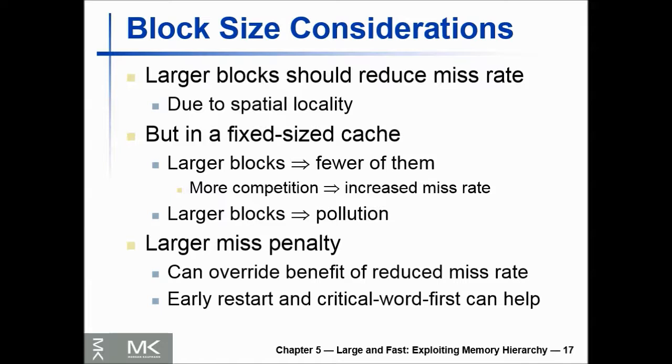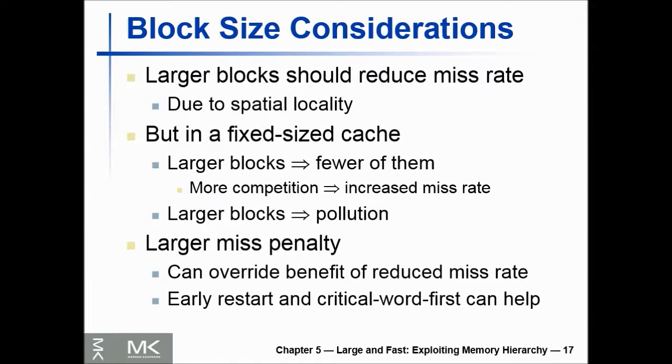Increasing the block size usually decreases the miss rate. The miss rate may go up eventually if the block size becomes a significant fraction of the cache size, because the number of blocks that can be held in the cache will become small and there will be a great deal of competition for those blocks.